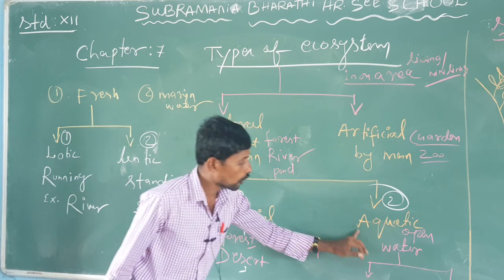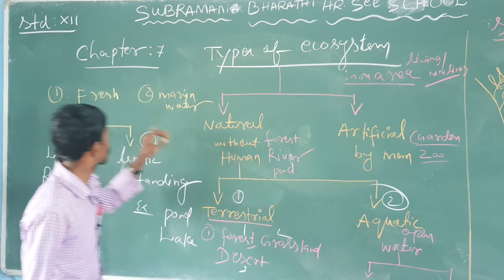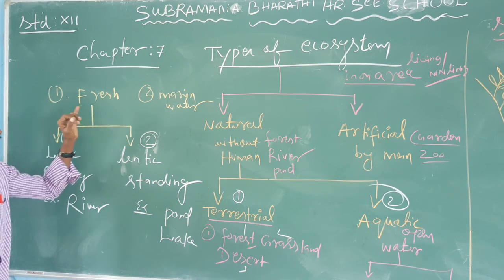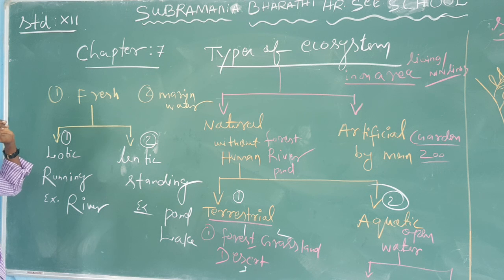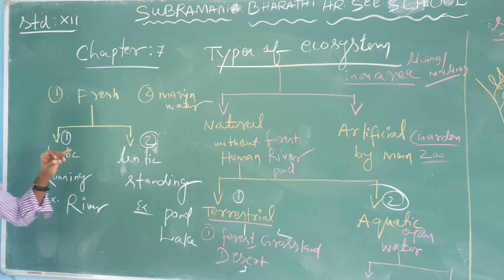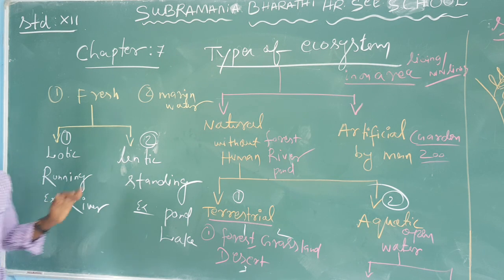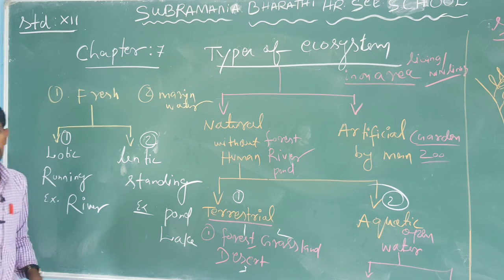Aquatic is only the open water. It is divided into two types, freshwater and marine. Freshwater is divided into two types, lotic and lentic. Lotic, otherwise called running water, for example the river. Then the second one, lentic, standing water, for example pond or lake. The pond or lake is otherwise called lentic or standing water.